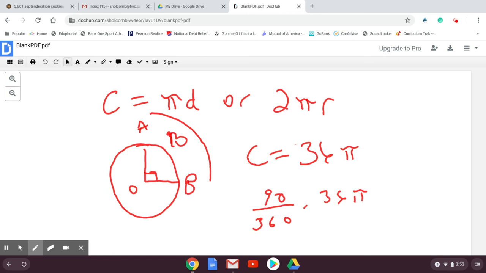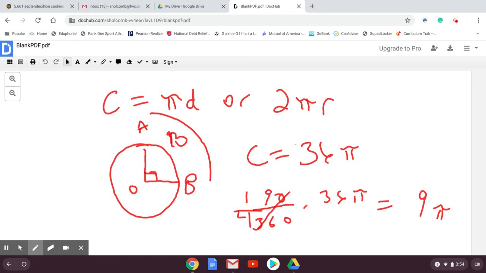You're going to notice that you could simplify this to 1/4, and 1/4 of 36 is just 9, or 36 divided by 4 is 9 pi. And so the arc length of arc AB would be 9 pi.